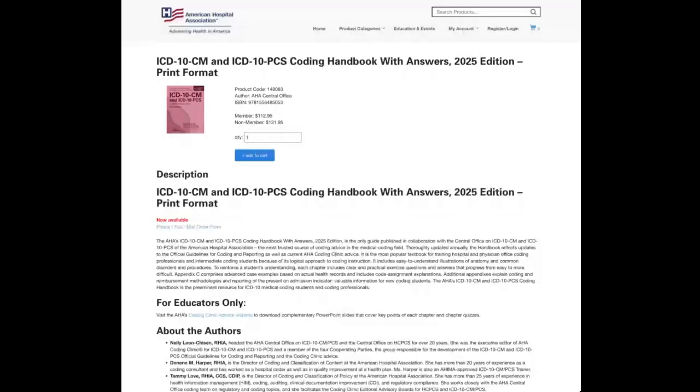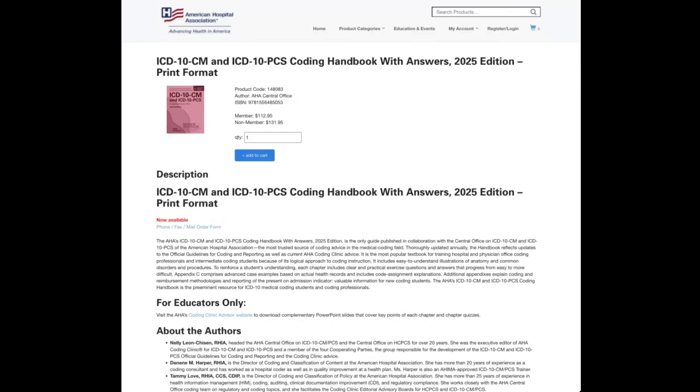So I want to show you two resources that you might want to purchase for yourself. I'm bringing these up because in this CCS exam prep, we unfortunately cannot go back to the basics of coding. We're coding these few scenarios in diagnosis coding.